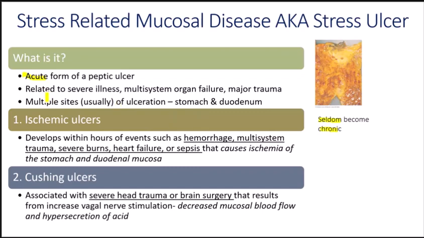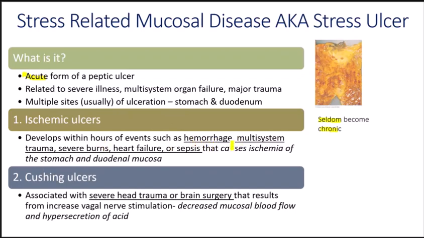Stress ulcers can be classified as ischemic ulcers or Cushing ulcers. So I'm not referring to your everyday stressful events or just a compilation of multiple days of stressful events. We're talking about severe states. With ischemic ulcers, they are going to develop within hours of some sort of event.